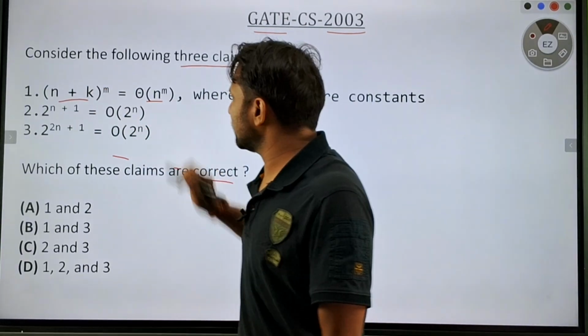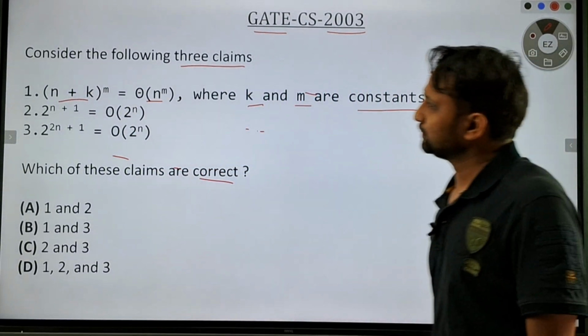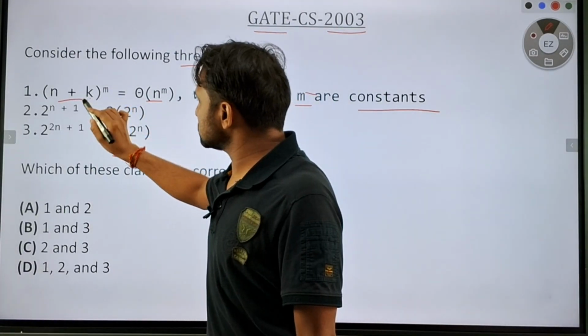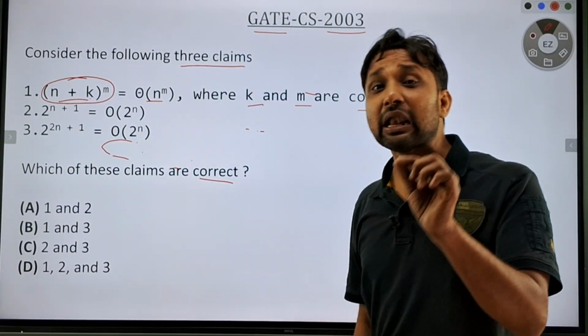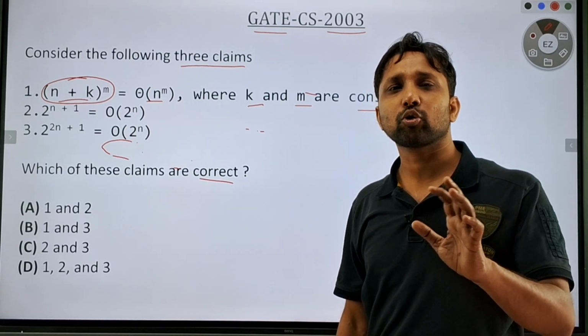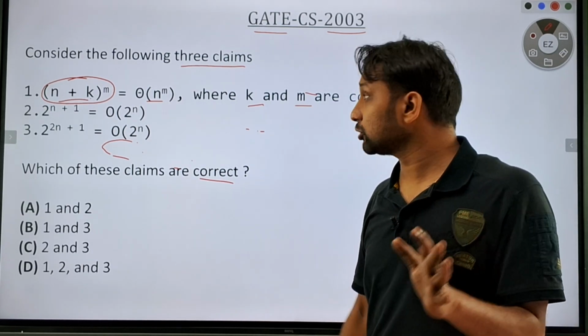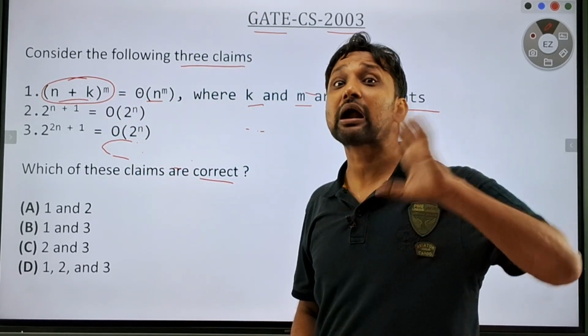So let's check out the first one. In the first one, they are saying that K and M are constant. If you simplify this, which will be the largest term? In asymptotic notations, we are bothered about only the largest term, not the smaller terms.